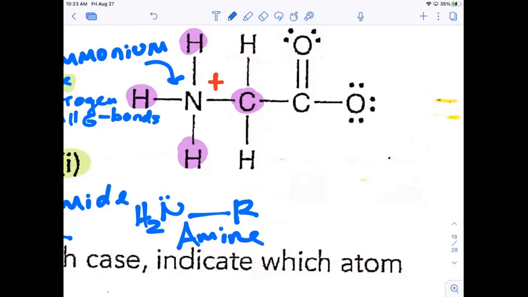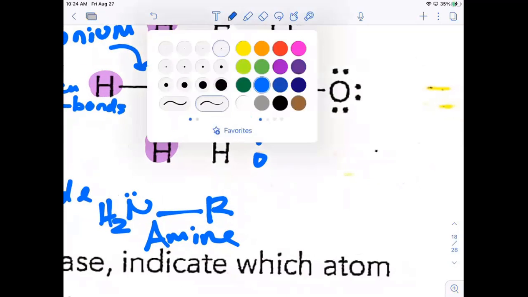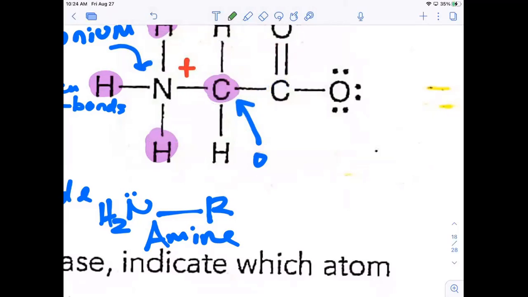What is the charge on carbon? 0. Right. And then the hydrogens only have a charge if they're not connected to anything. Let me give you a little piece of information on that. If you have a hydrogen by itself with no electrons, we call it a proton.